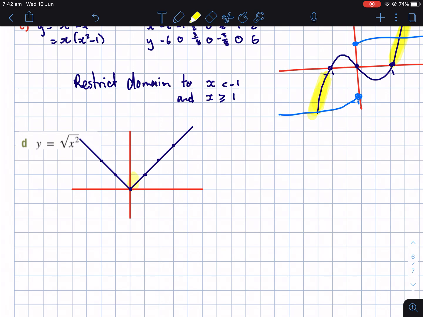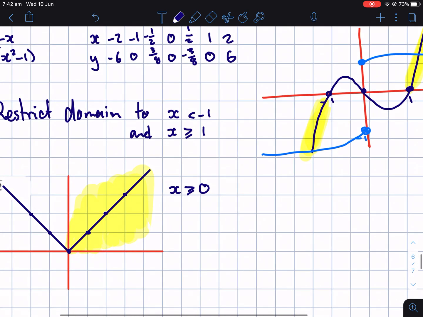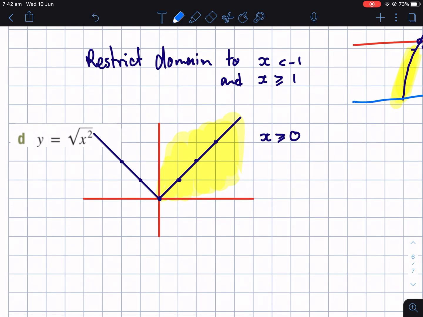So if we restrict our domain to here, then we're fine. Oh, that's all we needed? Oh, we need to sketch this. So if we've got x equals root y squared, x squared equals y squared, x equals y.